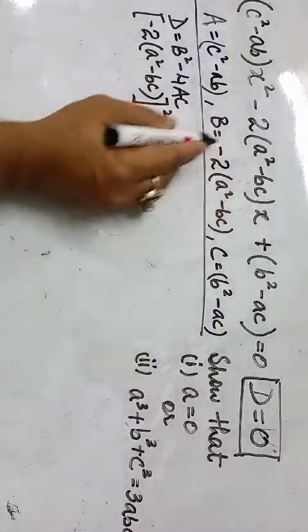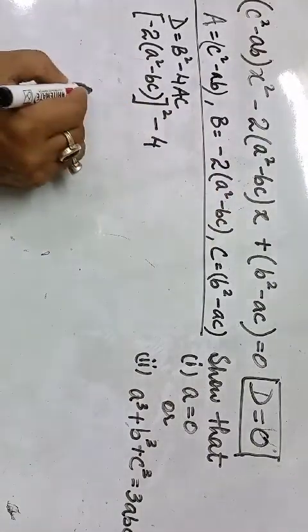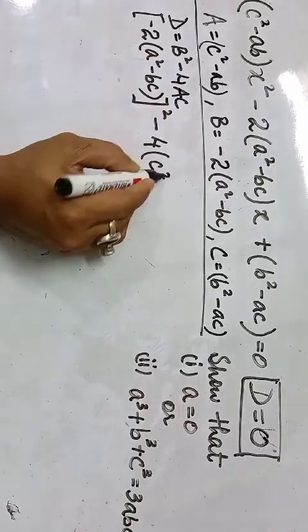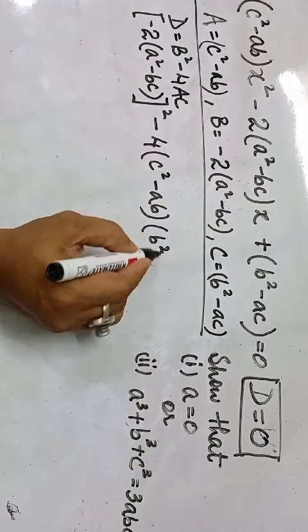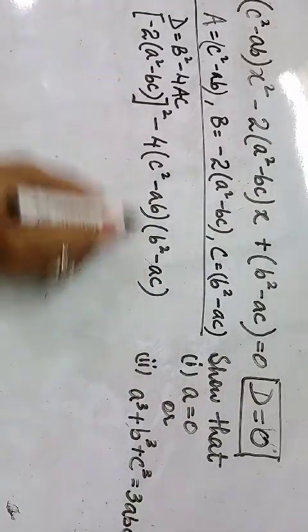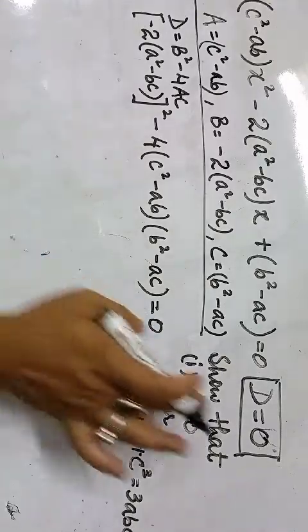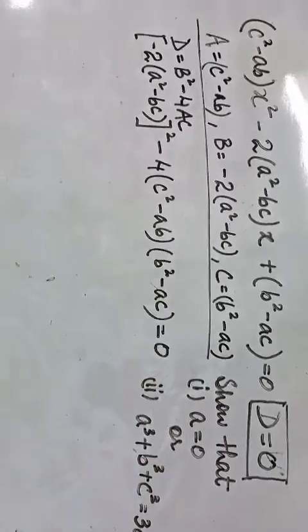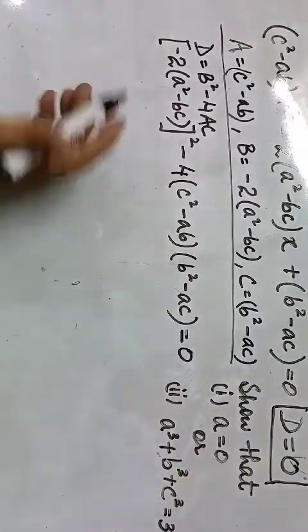Okay, so this whole thing is b, so b square minus 4 times a, this is my a and this is my c. So b square minus 4ac is equal to 0. I know that the question has given me that. So we have to work with this, and now you have to proceed.